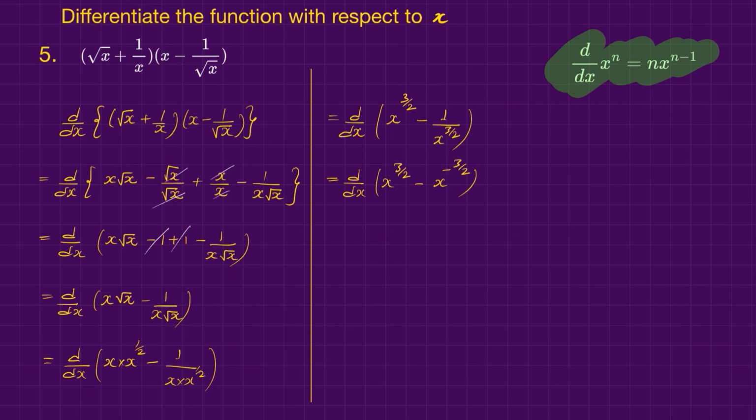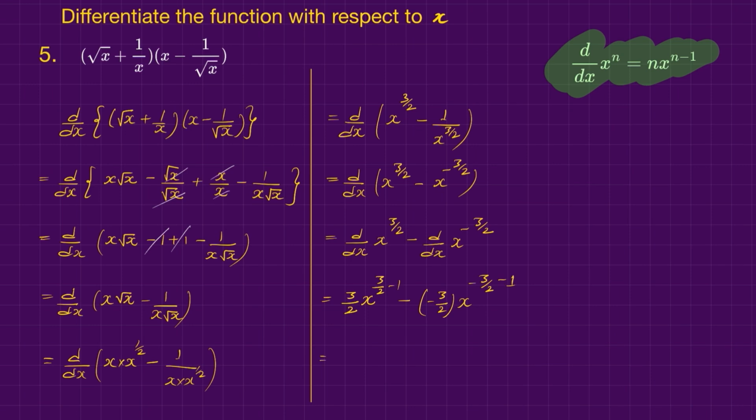So now let us distribute the differentiation. So it will be d/dx of x to the power 3 by 2 minus d/dx of x to the power minus 3 by 2. So using the formula d/dx of x to the power n, we will have 3 by 2 x to the power 3 by 2 minus 1 minus minus 3 by 2 x to the power minus 3 by 2 minus 1.